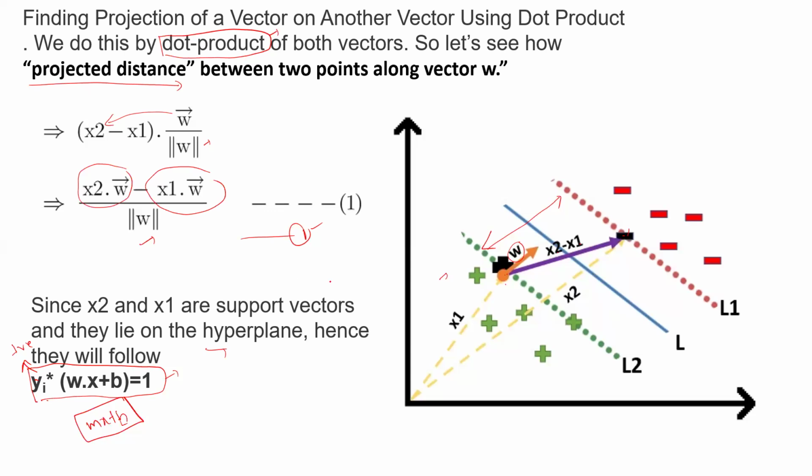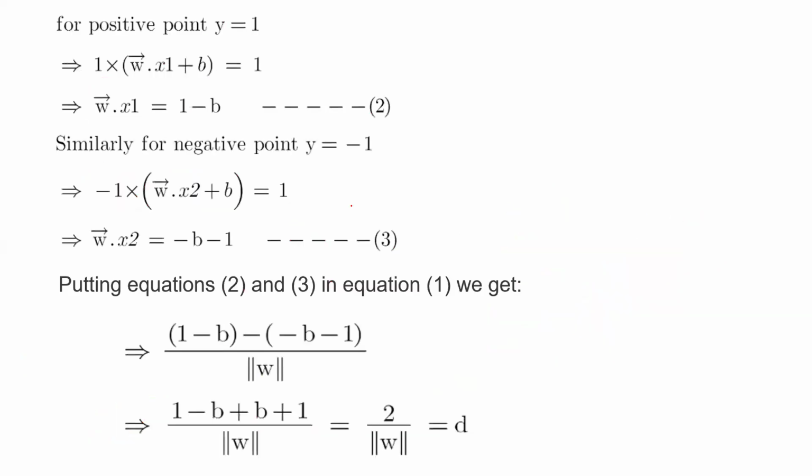For this, we need to use the same formula, y times (wx plus b) equals 0. If it is 1, that is for the positive class. So the y I'm replacing with 1 here in w x1 plus b equals 0.